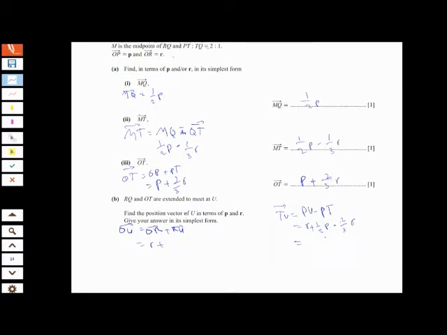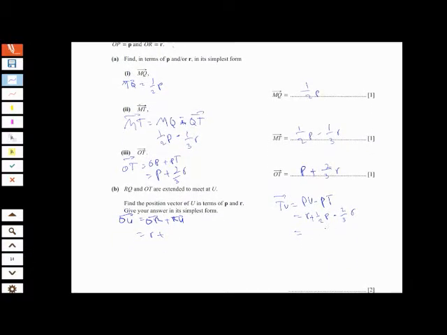Negative 2 over 3 plus 1 is, okay, let me use the calculator for this. Sorry. 1 minus 2 over 3 is 1 over 3. So it's 1 over 3R plus 1 over 2P. That's TU.